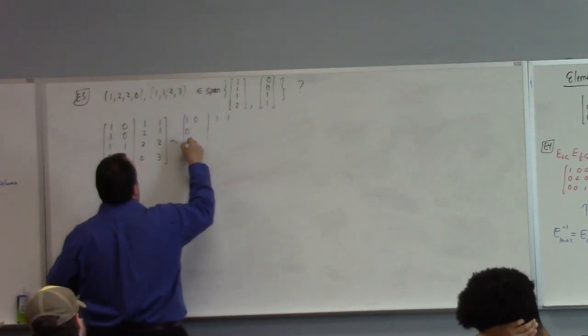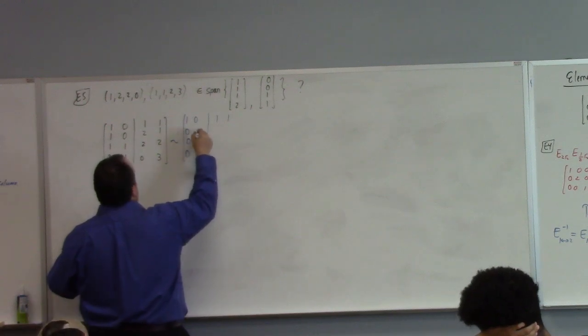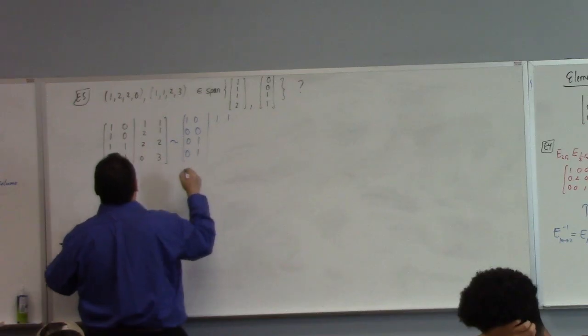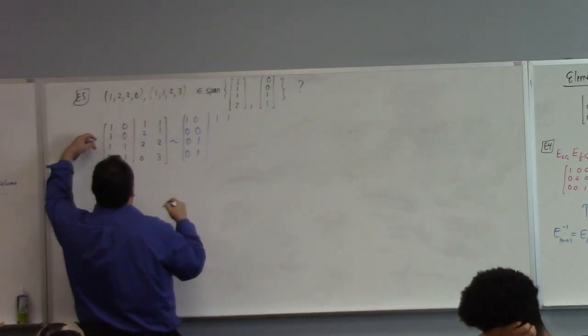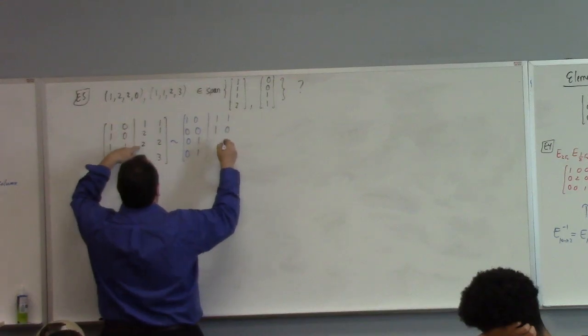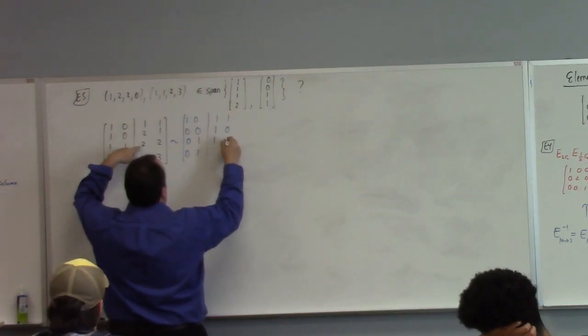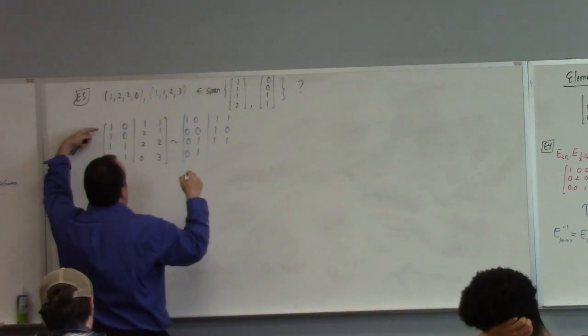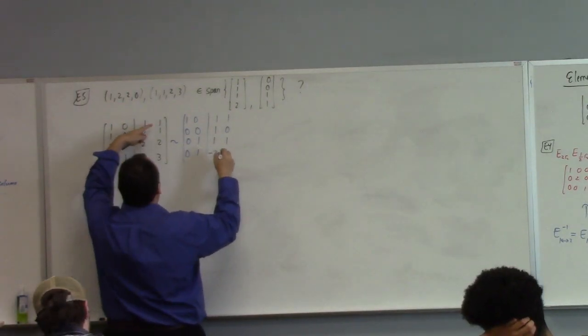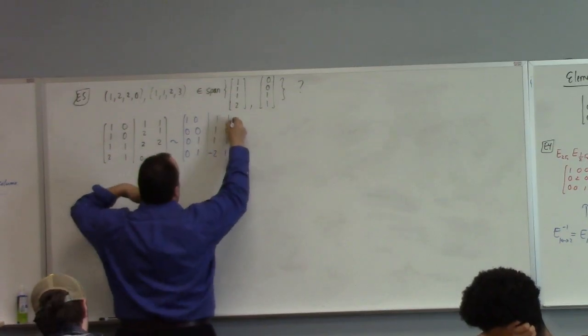I'm going to have zeros here, 0, 1, 1, because when I subtract, 1, 0, 1, 1, and subtracting twice, minus 2, 1, I believe.